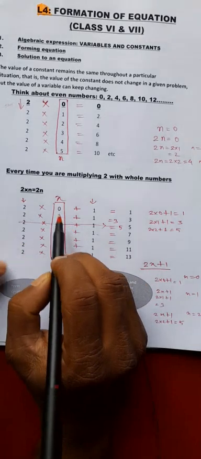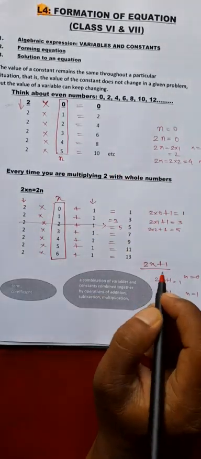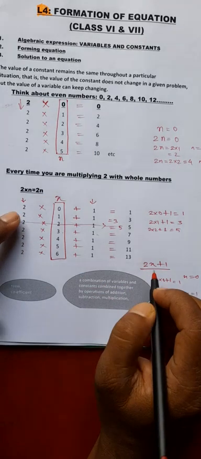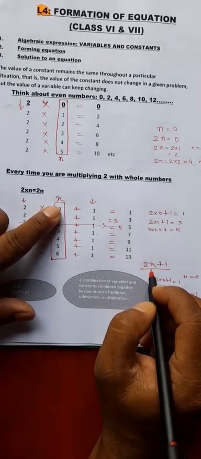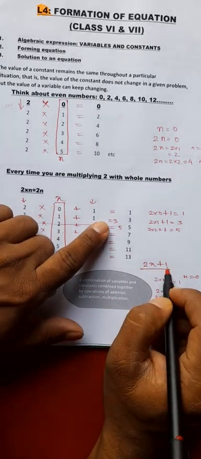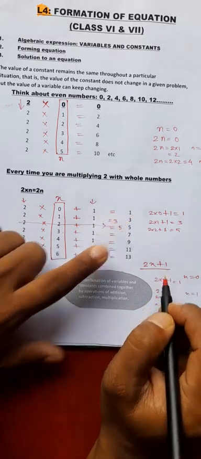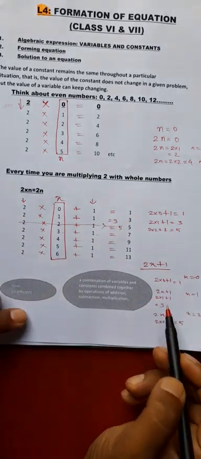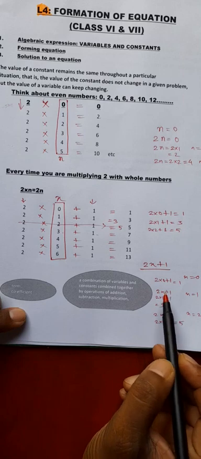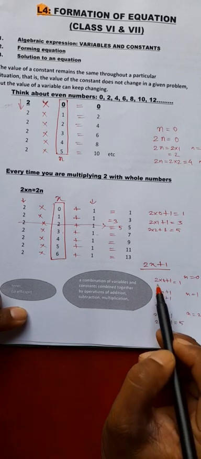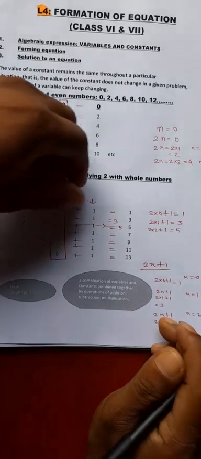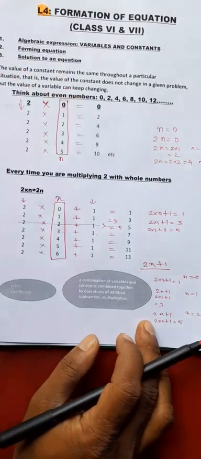Now if you generalize this column with x, what we find is that you multiply 2 with x, then you add 1 to obtain an odd number. So when x equal to 0, 2 into 0 plus 1 equal to 1, you find the first odd number.